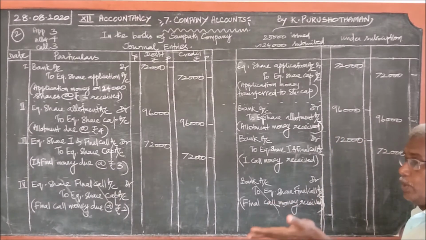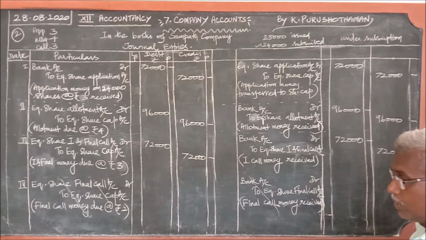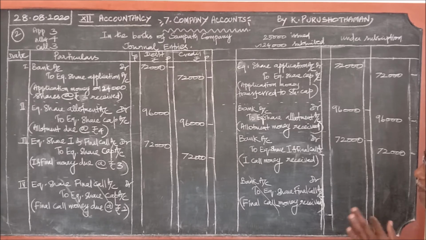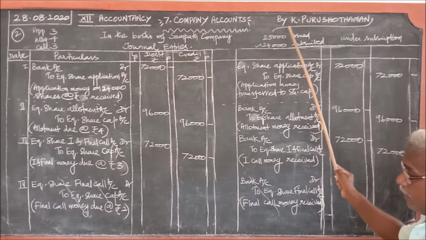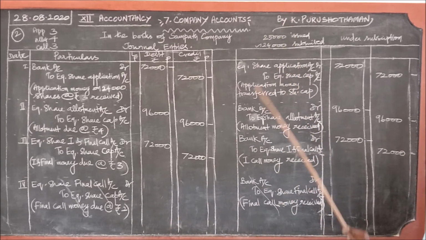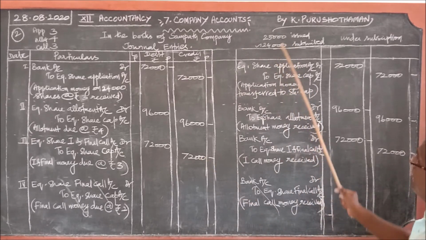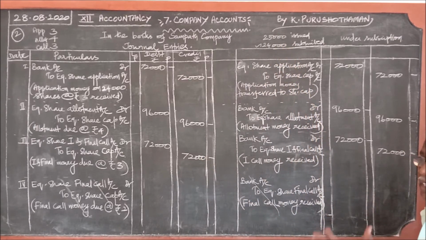I asked you a question in the beginning of this problem itself. For what number of shares will the money be received by the company? The money will be received by the company only for what was subscribed by the public. Though the number of shares issued is 25,000, the number of shares subscribed is only 24,000. For these 24,000 only, the company can receive the money.